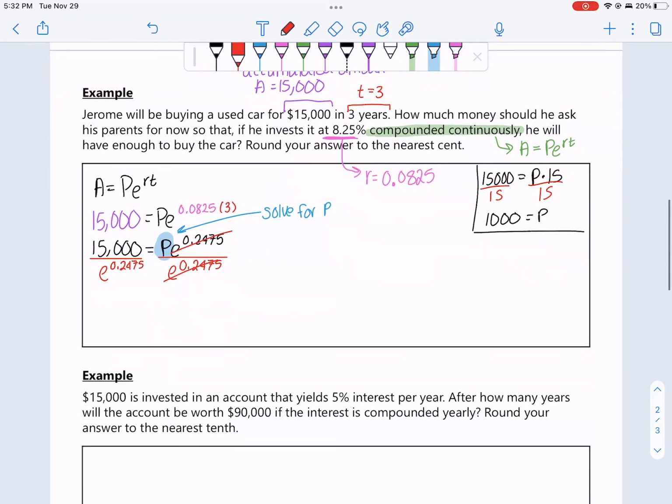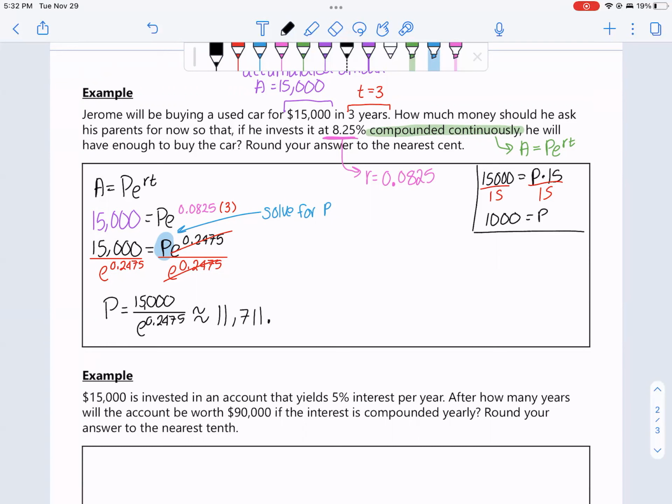So those cancel. We get P is equal to 15,000 divided by e raised to the 0.2475. If we plug that into our calculator, which I changed this number from the last time I did it, so I have to recalculate it. That looks good. 11,711.